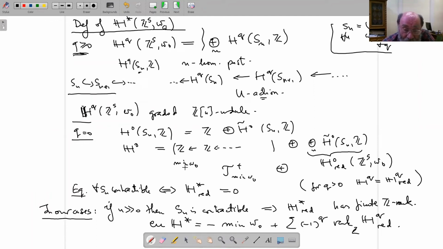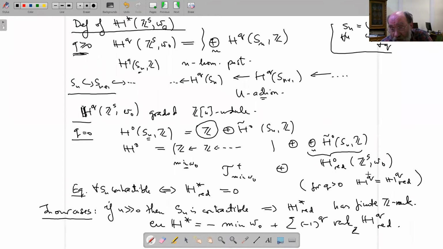So starting from the minimum of the weight function, otherwise Sn is empty, something appears. Starting from there, we have a tower of Z's, and we will have the direct sum of the reduced zero cohomologies.